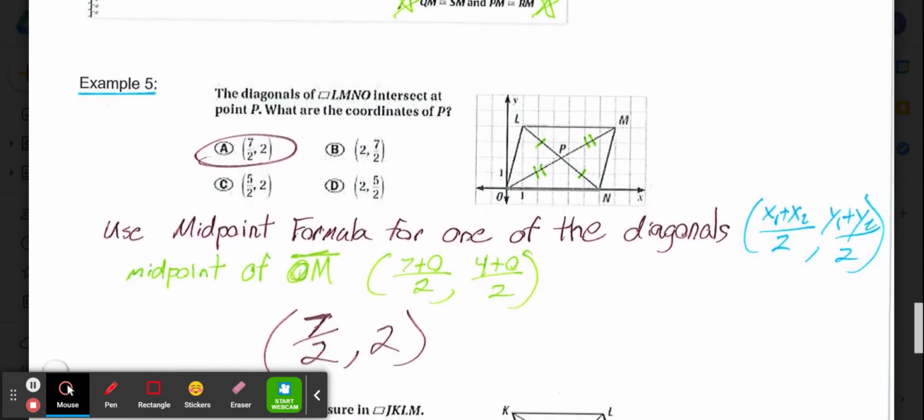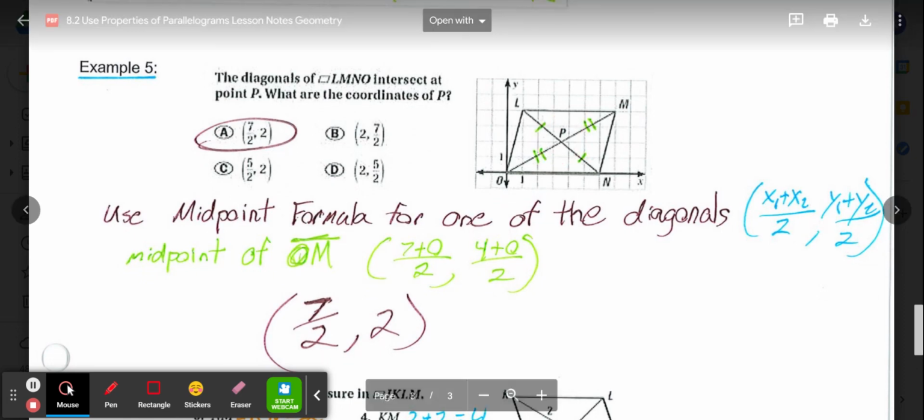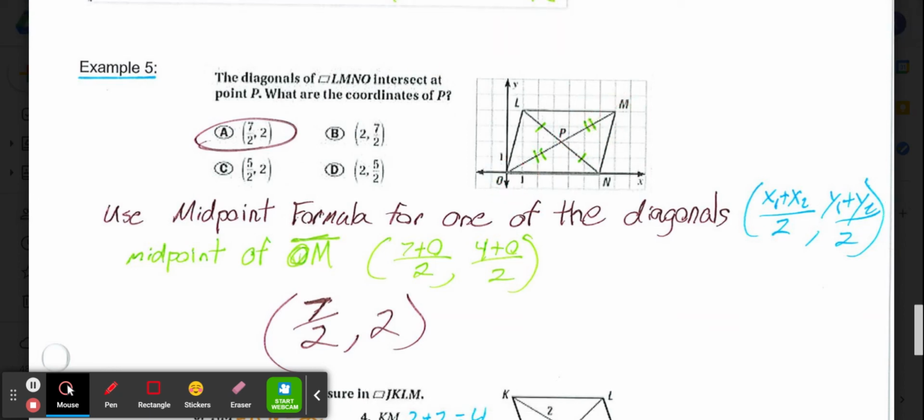So using that idea, we can find a midpoint of our parallelogram here. So in this case, it says the diagonals of parallelogram LMNO intersect at point P. What are the coordinates of P? So all you have to do is pick one of your diagonals. I'm going to use OM, and we want to use the midpoint formula.